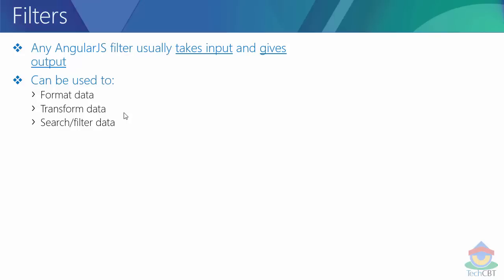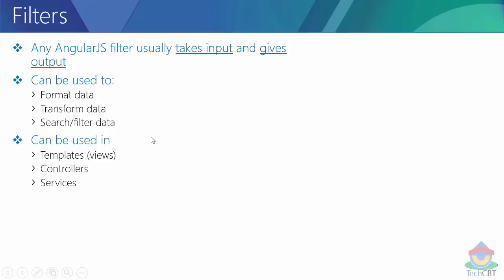Or sometimes I may want some kind of object to be transformed into a completely different object. On top of that, we can also search for results or filter the existing data based on the respective filter you are going to use. These are just the common usages. However, you can add more and more functionality to your existing filters in the form of custom filters.